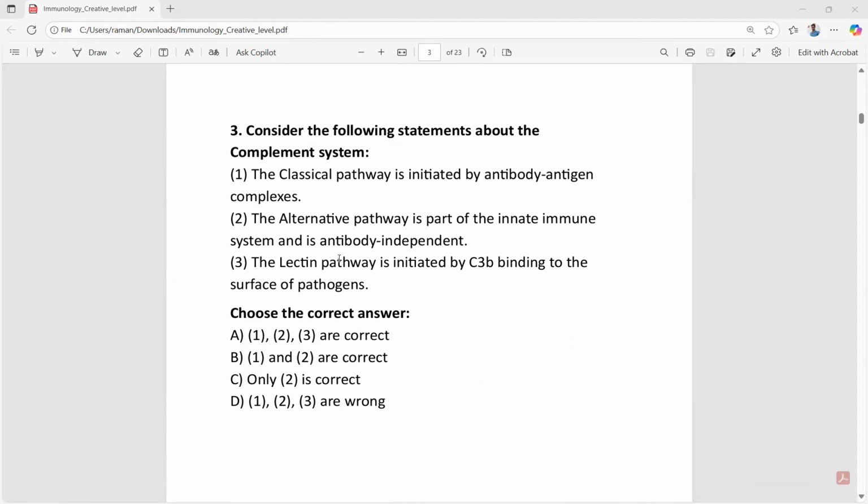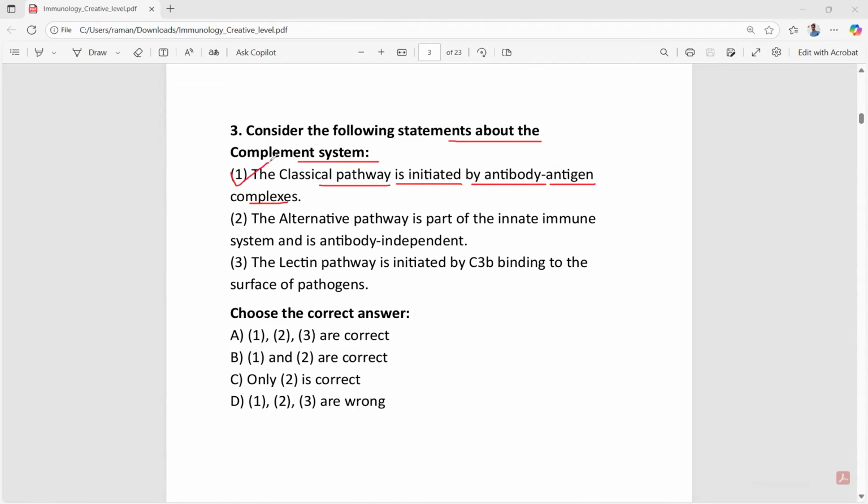Option D is the right answer for question number 2. Consider the following statements about the complement system. The classical pathway is initiated by antibody antigen complexes.